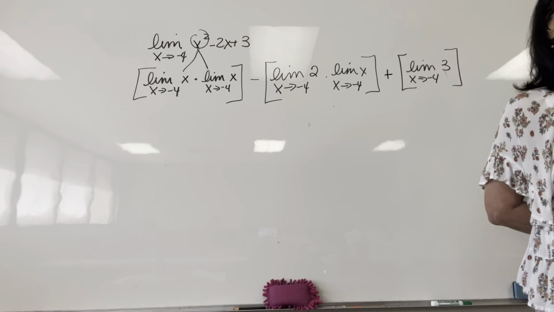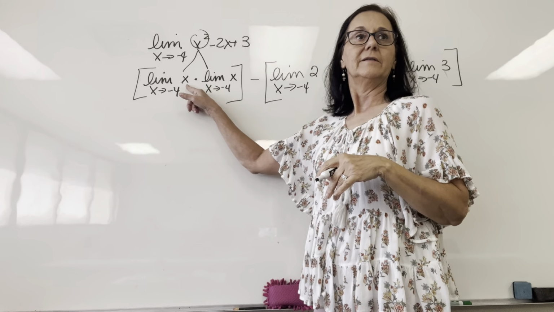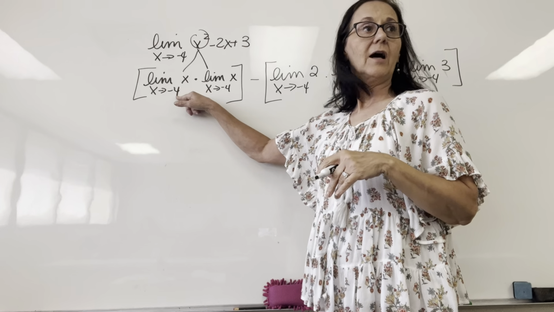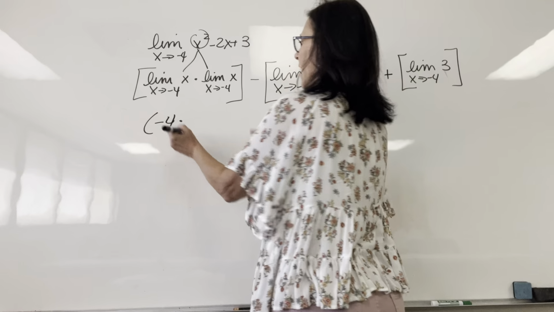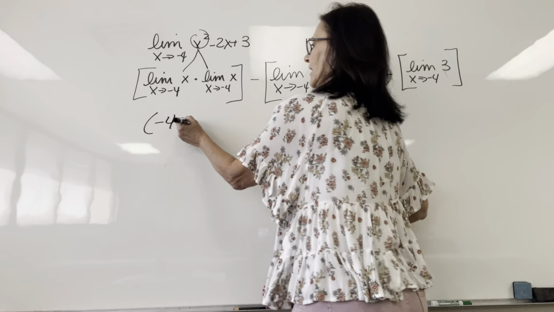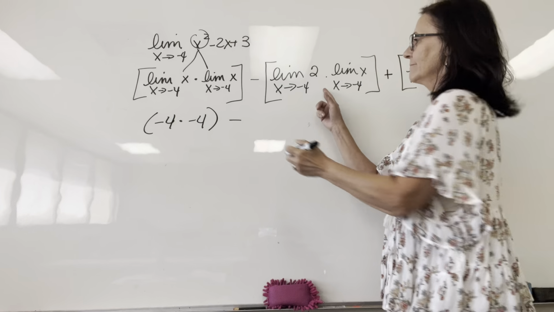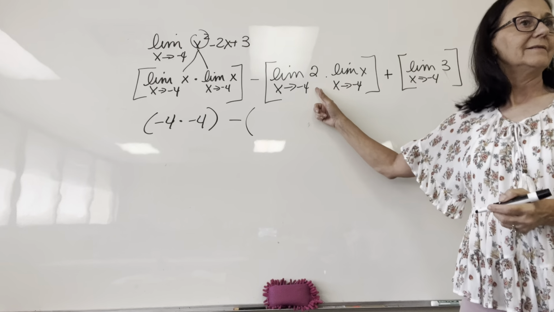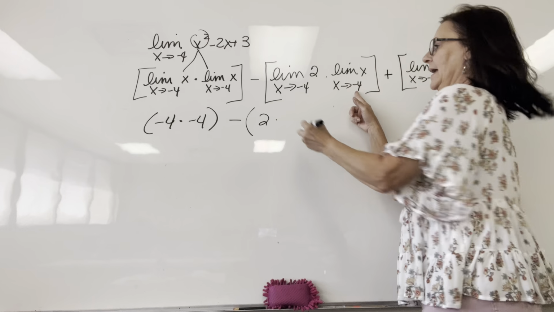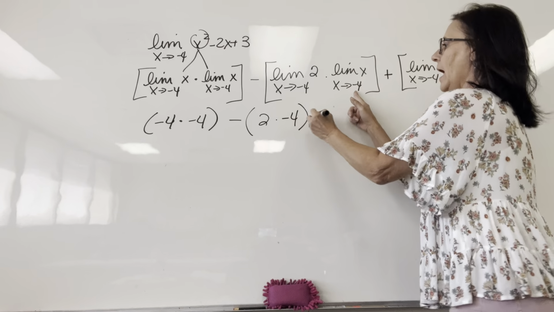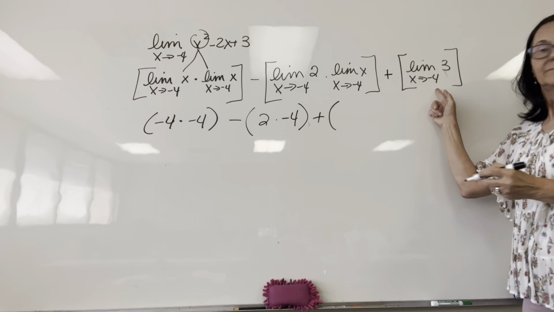I mean, so easy. All right, what's the limit of the identity function? It's the constant. All right, so this is -4 times -4 minus. What's this limit? 2 times -4 plus, what's this limit? 3.